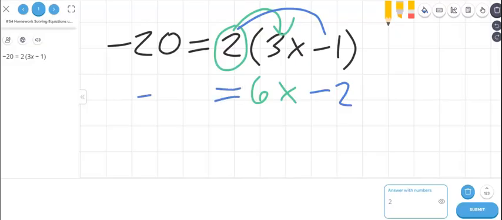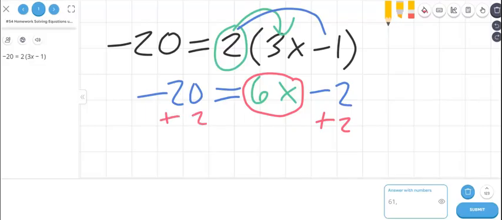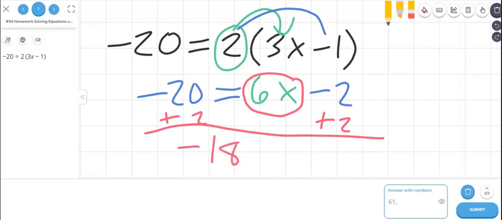And all of that equals negative 20. Now I'm going to solve this by isolating the variable term. Get rid of the minus 2 by going plus 2. Plus 2. Negative 20 plus 2 is negative 18 equals 6x.